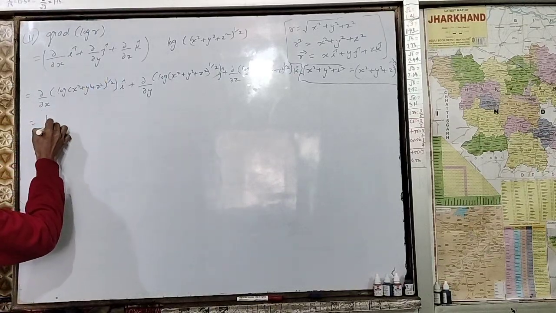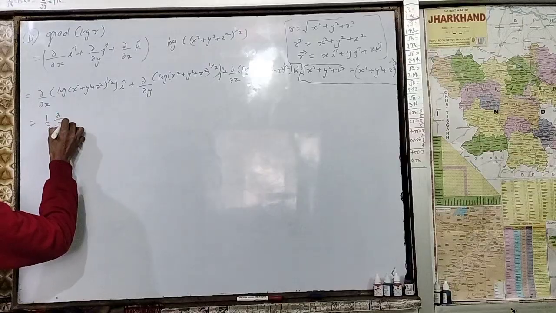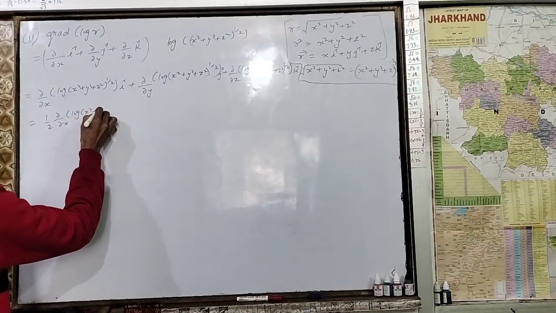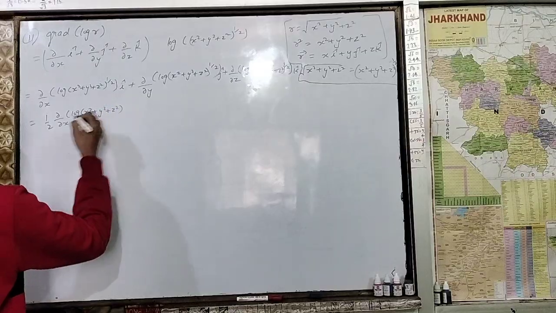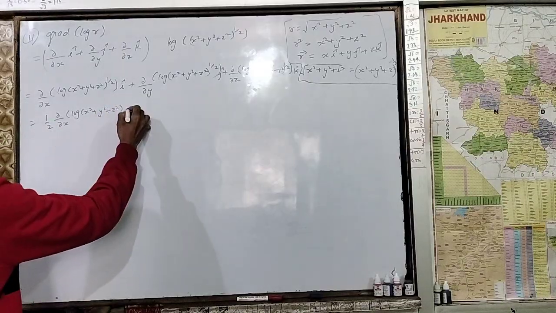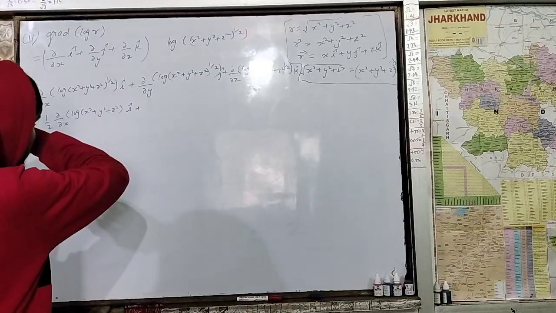So 1 upon 2 d upon dx log of x square plus y square plus z square, along i cap.